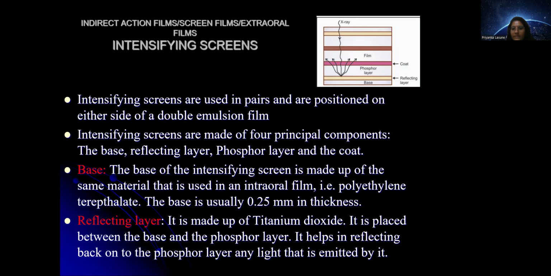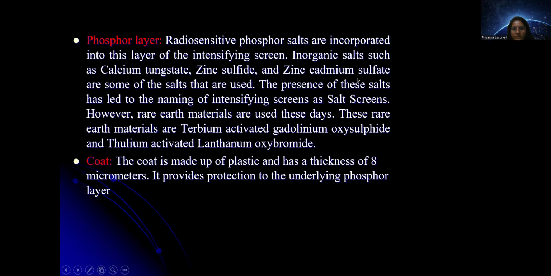The base, then the reflecting layer, then the phosphor layer. In between the phosphor and base, there is the reflecting layer made of titanium dioxide. It helps in reflecting back onto the phosphor layer any light that is emitted by it. Phosphor layer: photosensitive phosphor salts are incorporated into this layer of intensifying screens.